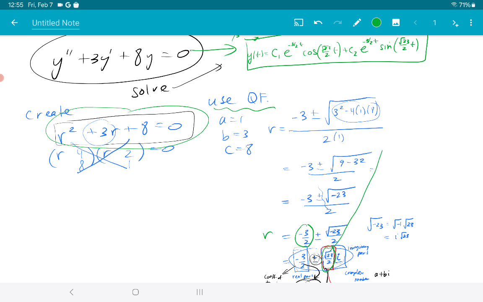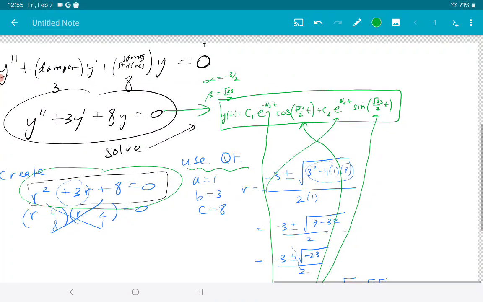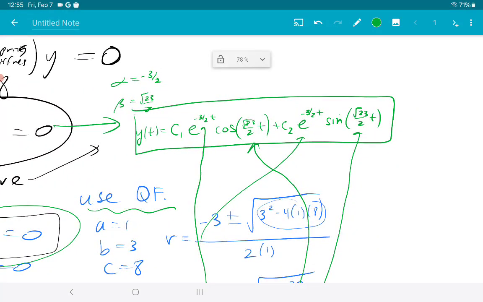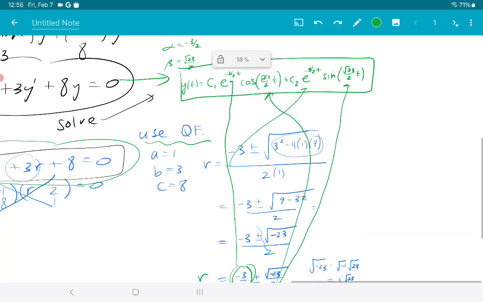So that's what went here and here. And the -3/2 went into the exponent of your exponentials. So this is sort of a blend of the two techniques. Remember, when we get real roots, we have exponentials. When we have purely imaginary roots, we get cosines and sines. In this problem, we got some of each. We got a real part and an imaginary part.